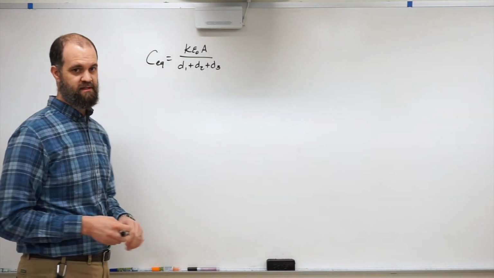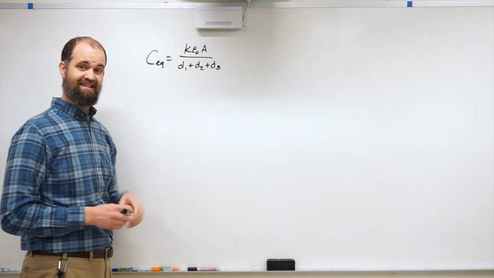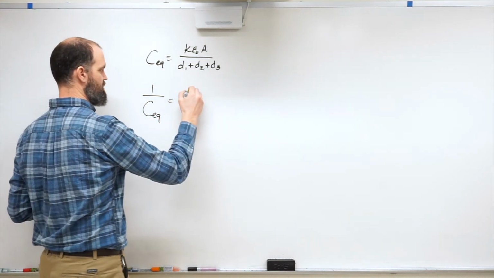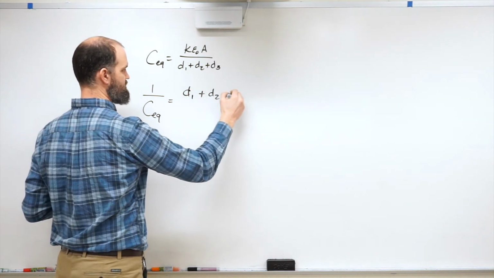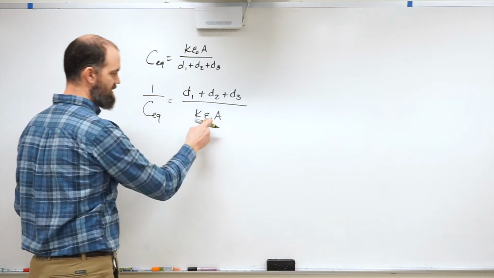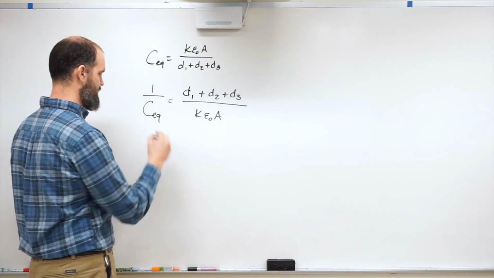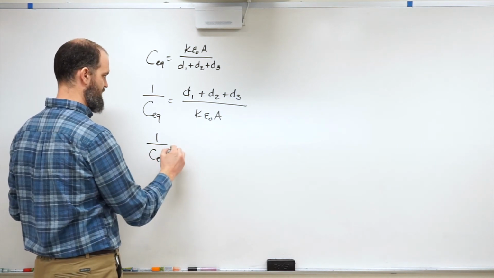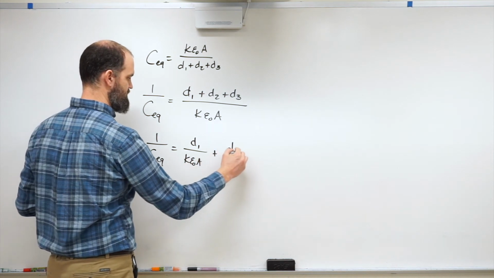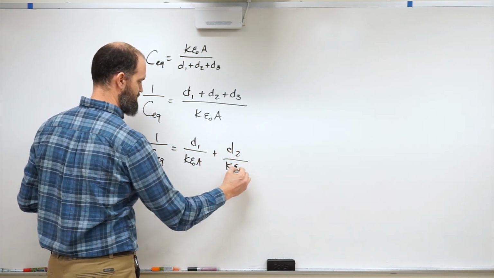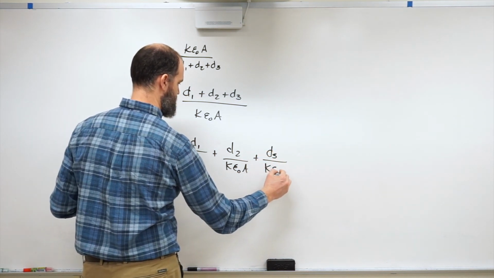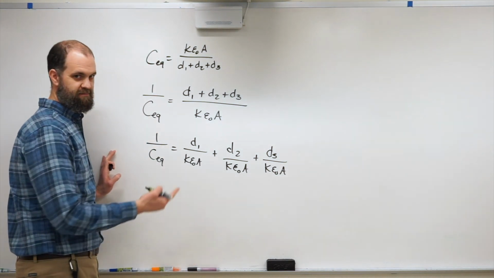All right, for those who really want to see it. If we started with this, we can take the inverse of both sides. So 1 over the equivalent capacitance is going to be d1 plus d2 plus d3 over kappa epsilon naught times A. Since I have a common denominator, I can split up my numerator, and I get 1 over my equivalent capacitance is d1 over kappa epsilon naught A plus d2 over kappa epsilon naught A plus d3 over kappa epsilon naught A. That's right.